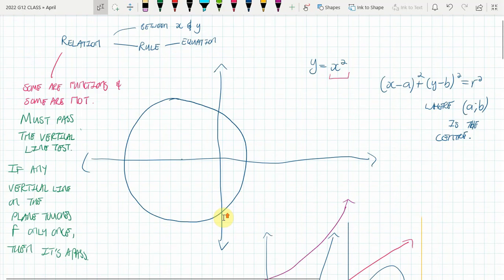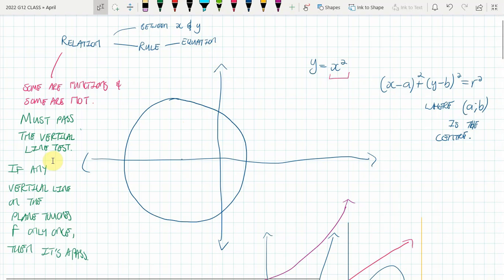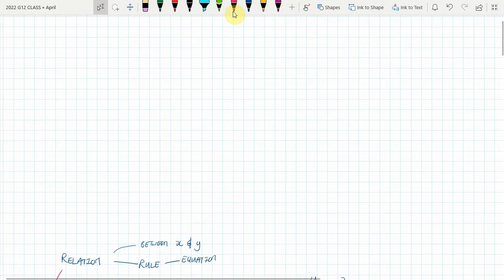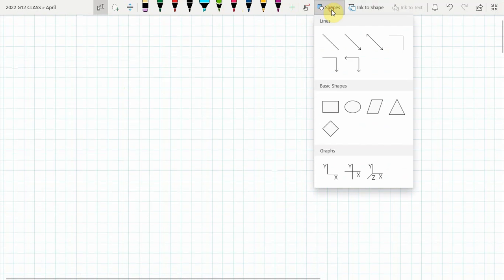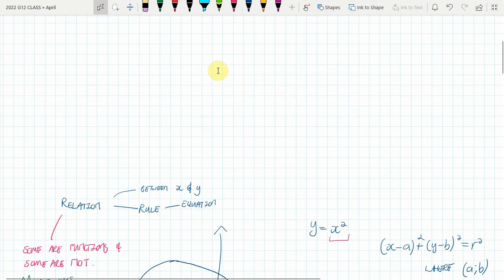Now, let's try to be more formal to understand it in a more formal way. How can we decide whether a relation is a function or not? Let me say that more formally.